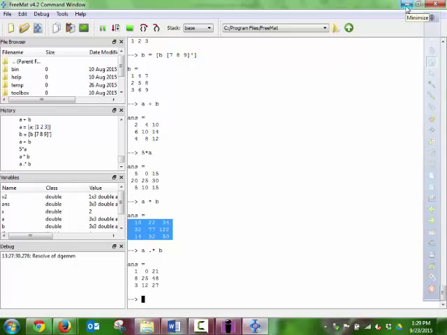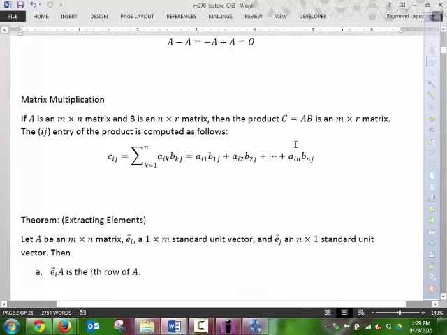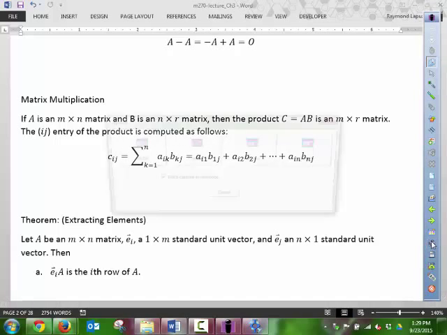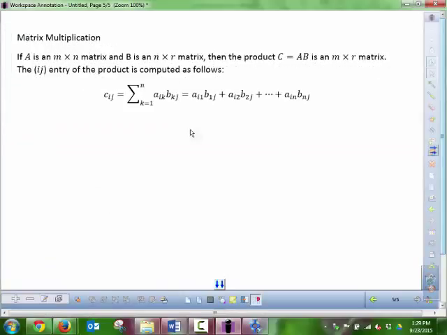So let's talk about matrix multiplication now and how they got those values. Matrix multiplication is this long, complicated looking formula, and I do expect you to be able to do this by hand and not rely on a calculator or MATLAB or something like that. Because your calculator has matrix options too, and you can do these matrix multiplications really easily. But I'm going to want you to be able to do this by hand.